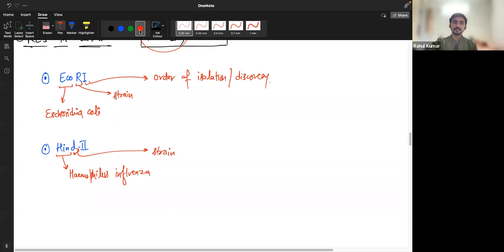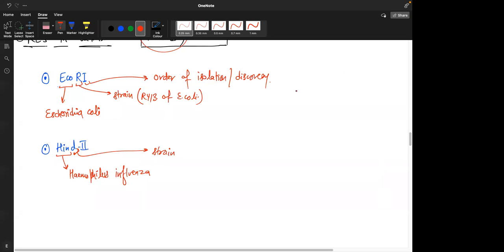Okay, so in this case, I forgot to tell you. The strain is RY13, the RY13 strain of E. coli. What have they given as the strain here? The RD strain.